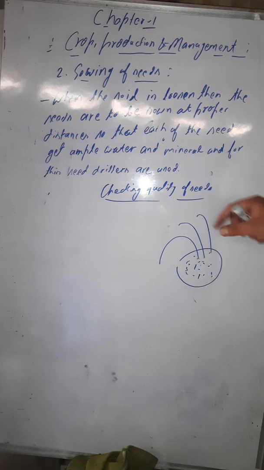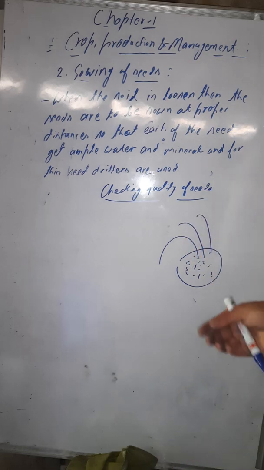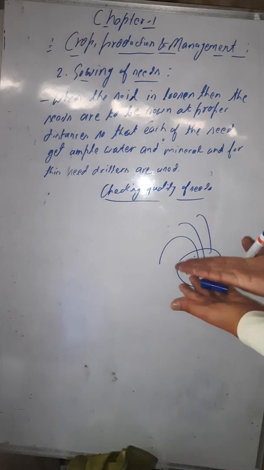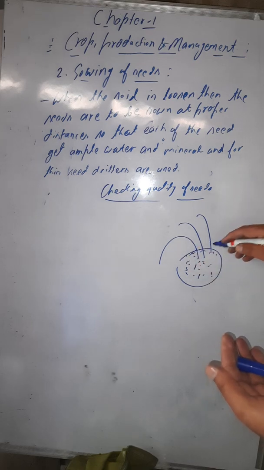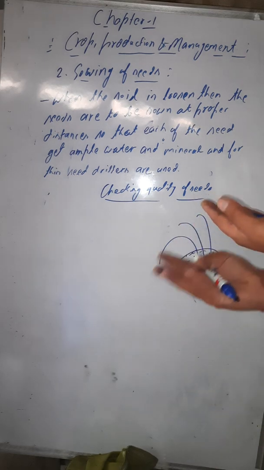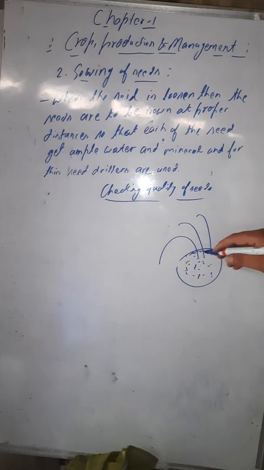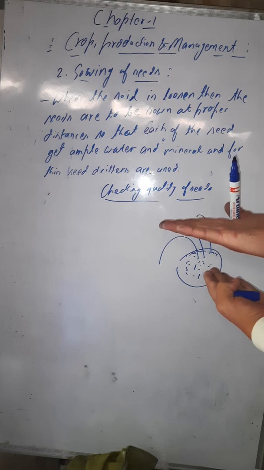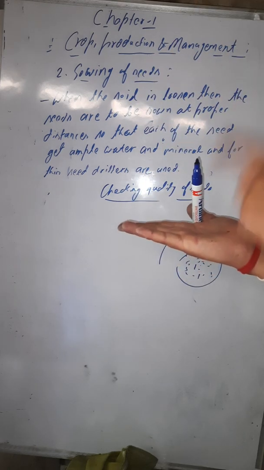This is the water. Now when I put the water into this pot, some of the seeds will come up and some of the seeds will settle down. The seeds which have come up in the pot are the damaged seeds, the bad quality seeds.